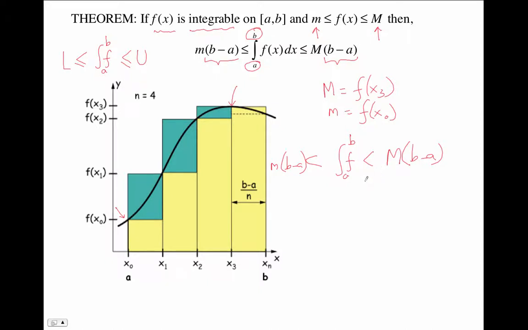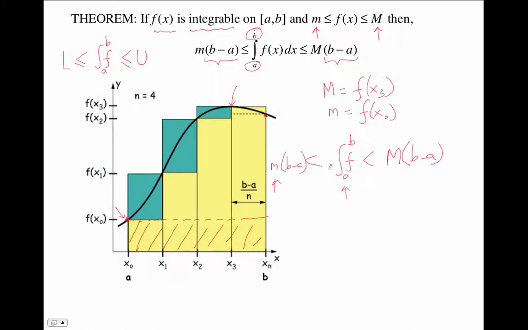Now, this is clearly true in the present case because if one looks at M times b minus a, that is this area which I'm drawing over here. And this is the area under the curve, under this black curve over here, all the way up till the point b.